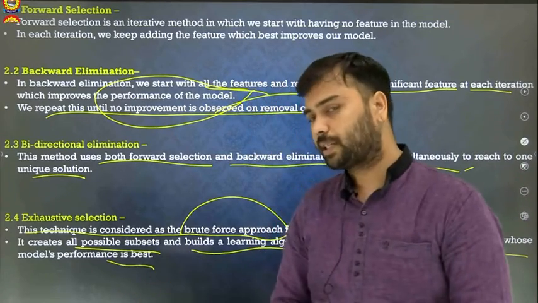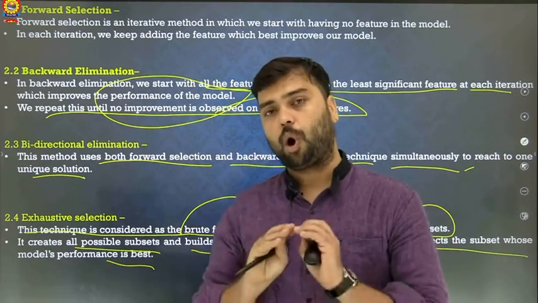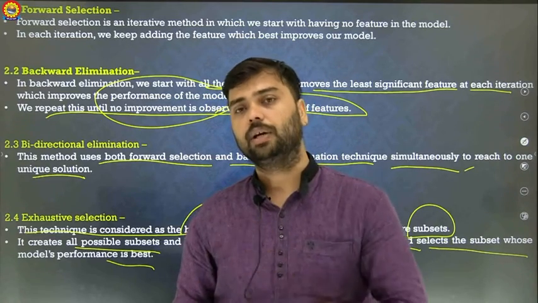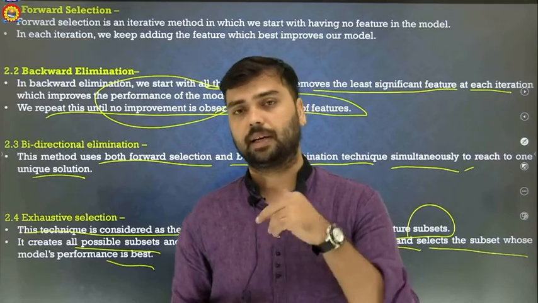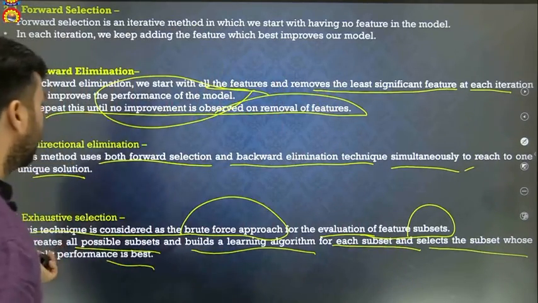If performance is good, we choose that subset, otherwise we discard it. So this is what we can call exhaustive selection.